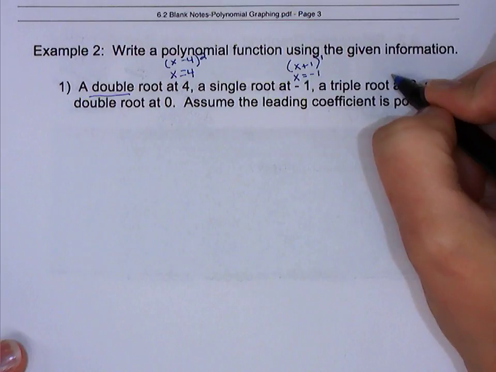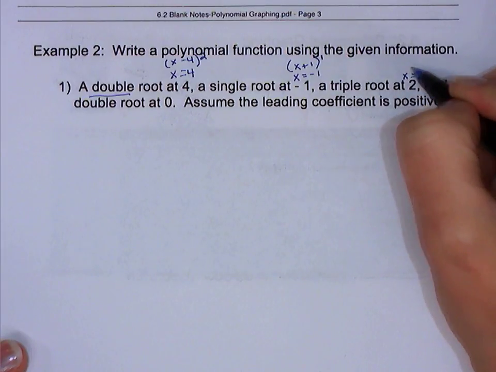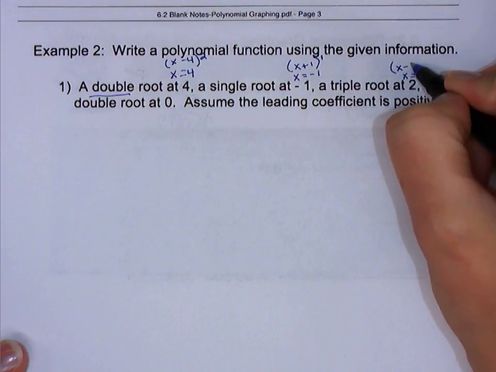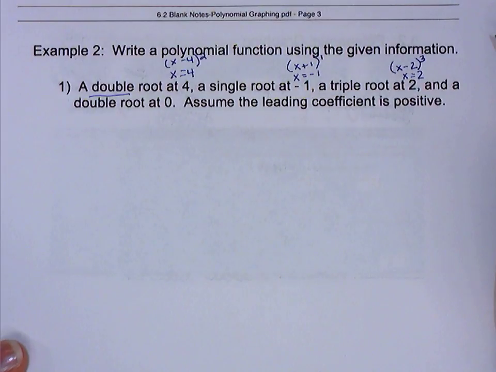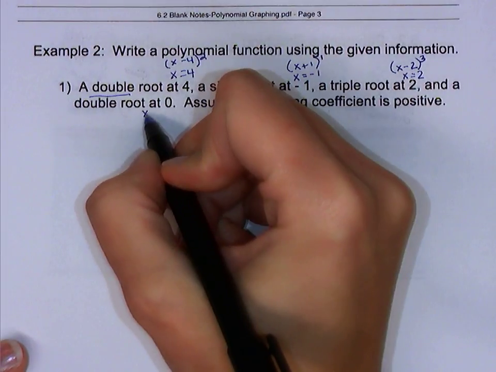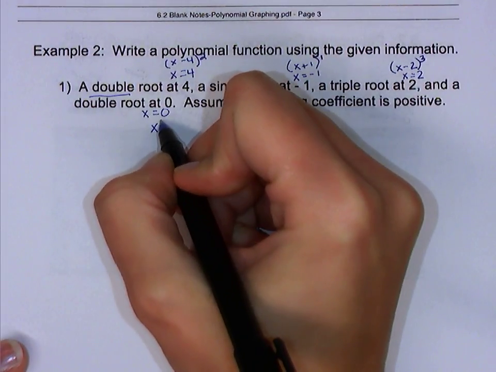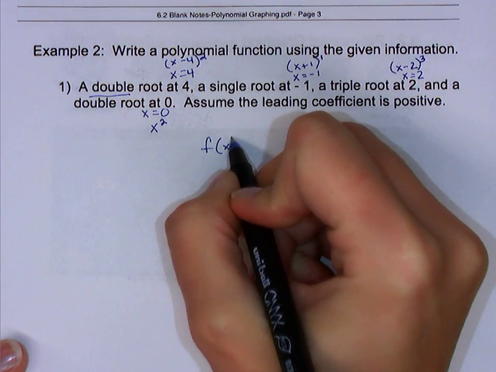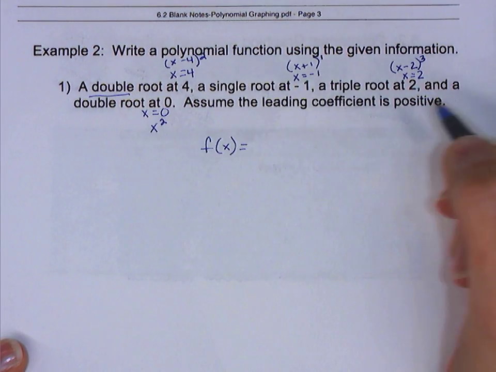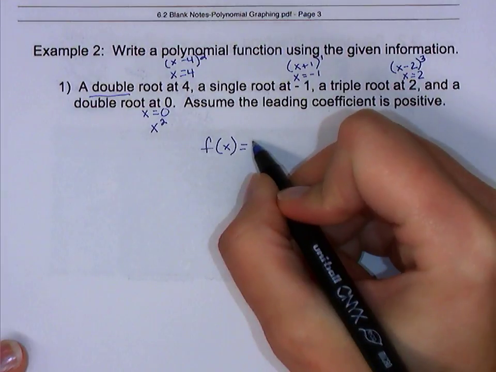A triple root at 2, so x minus 2 would be cubed. And then a double root at 0, that would be x squared. And then it says assume the leading coefficient is positive. So we'll just leave it positive out front.